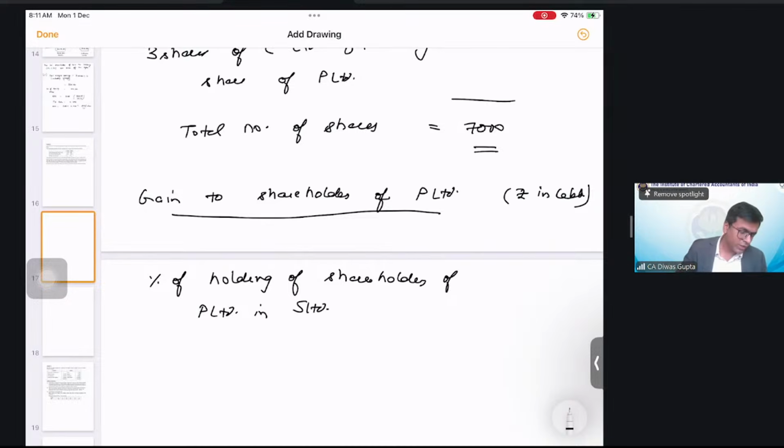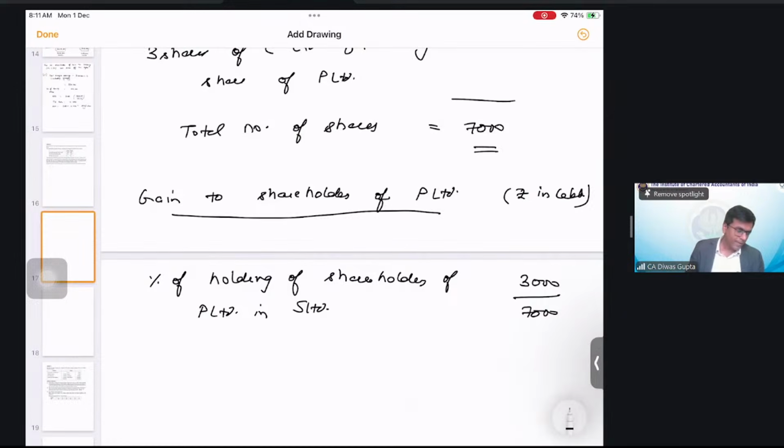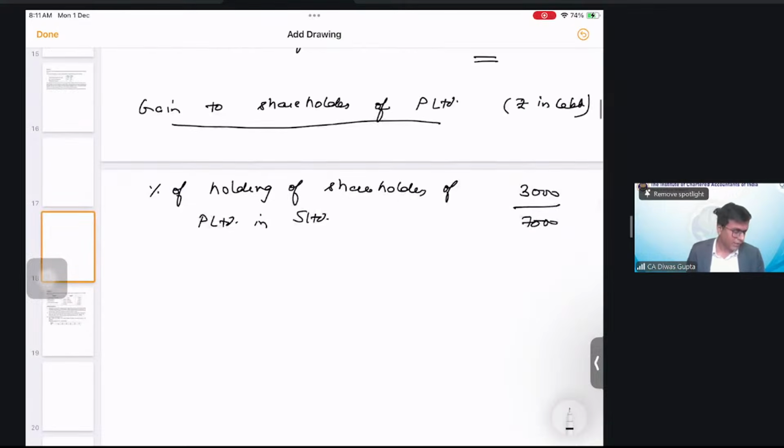This is actually how much? 3,000 divided by 7,000, right? This is their percentage. Let's denote it this way. Then the market value attributable to the shareholders of P Limited.